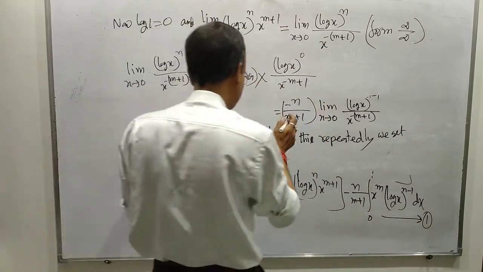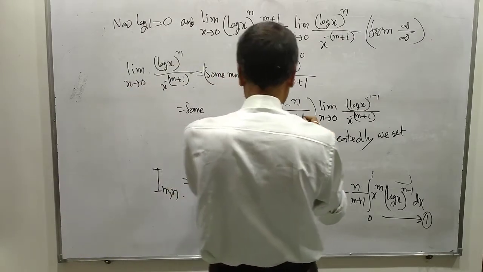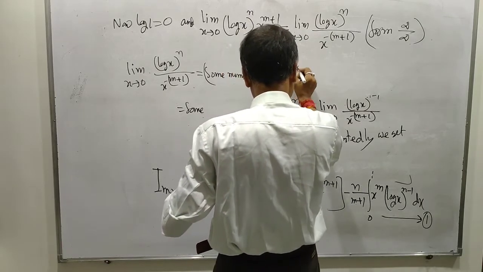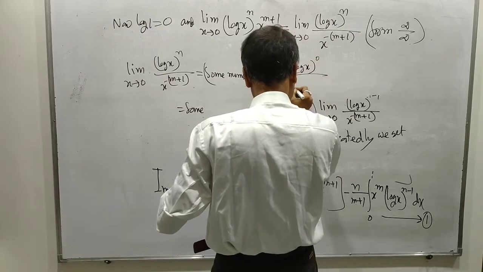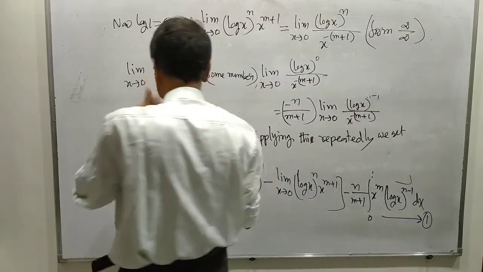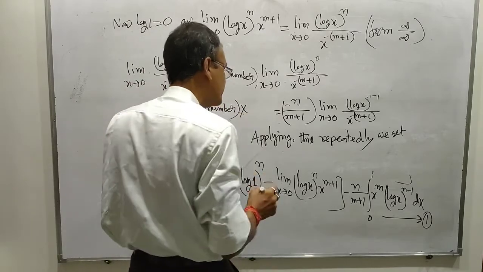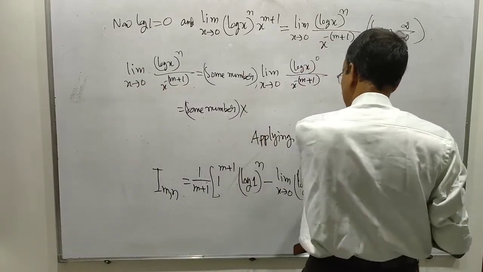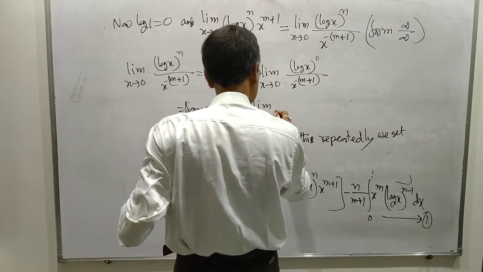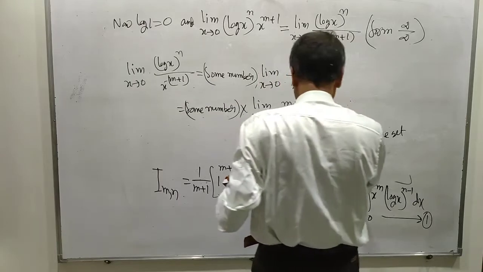No change of this number. You should write the limit: some number into limit as x tends to 0 of x^(m+1). It is 1 times x^(m+1), this is equal to 0.